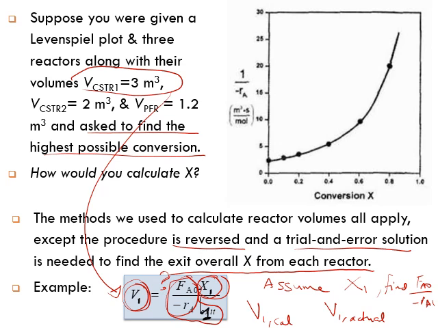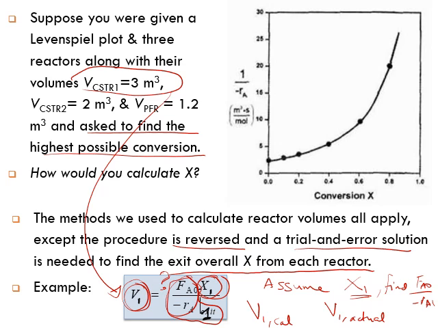If V1 calculated is more than V1 actual, so the required calculated volume is more, that means your assumption of X1 was very high.